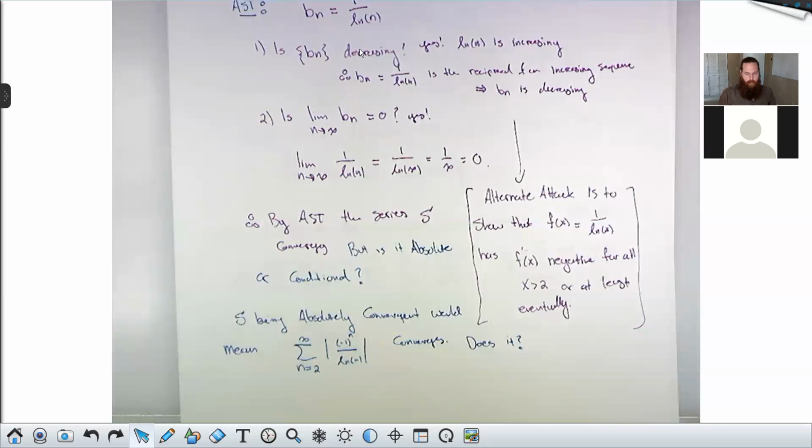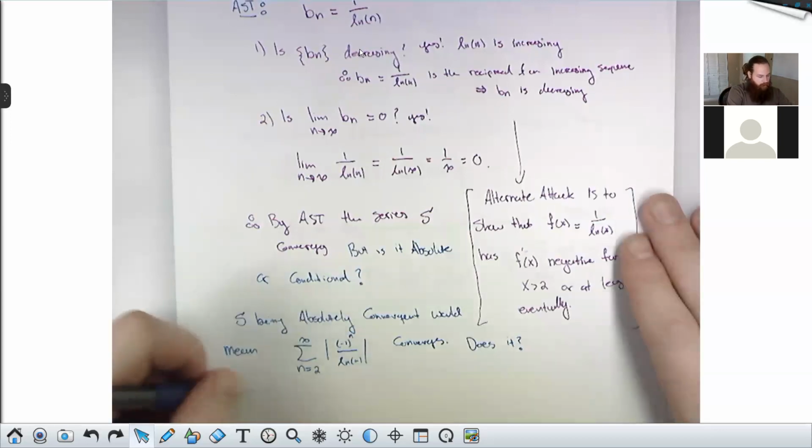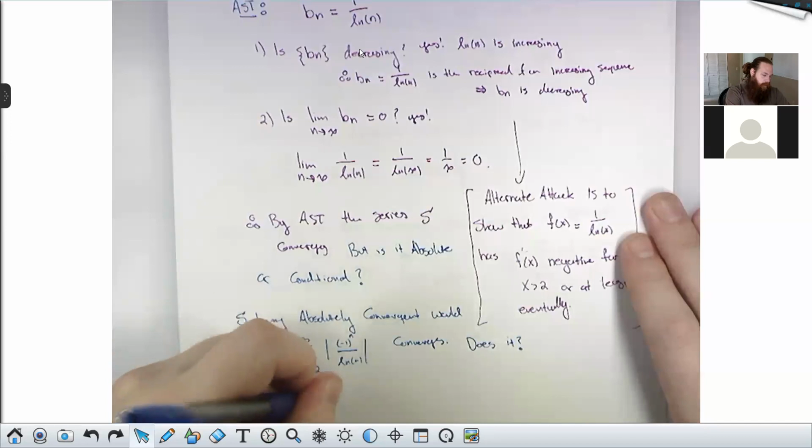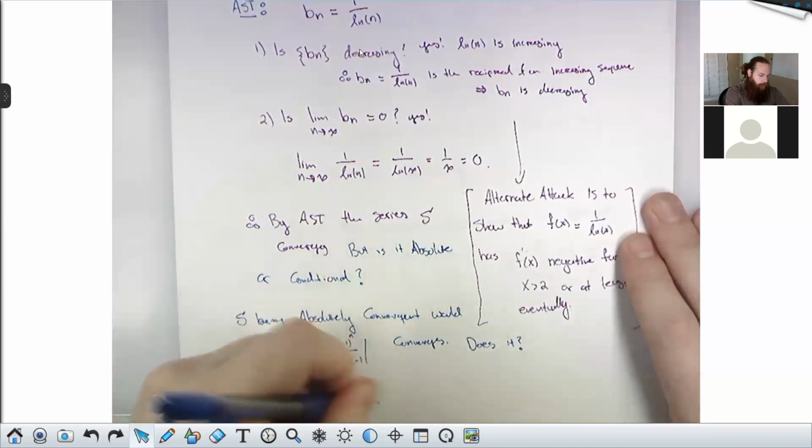And the question is now, what about the absolute value series? What sort of tests could I use for this guy? So the absolute value series here, absolute value of -1 to the n over the natural log of n. I will clean him up algebraically.